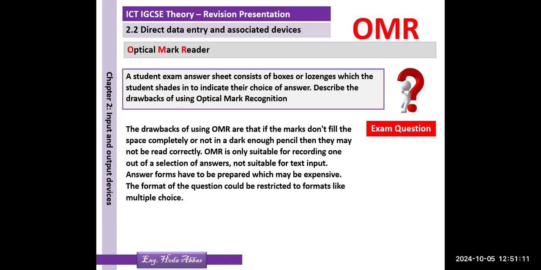OMR is only suitable for recording one out of a selection of answers, not suitable for text input. Answer forms have to be prepared, which may be expensive. The format of the question could be restricted to formats like multiple choice.